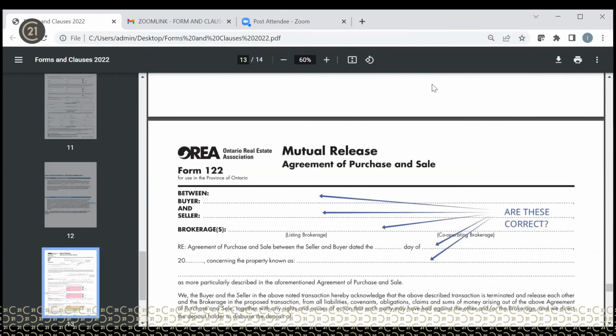Oh, I know what else, mutual releases. That's another item that we typically have issues with when mutual releases are being prepared. And it doesn't matter whether it's by our agents or other agents bringing it to us. Here are things that must be reviewed when you are looking at a mutual release, and you make sure that these items are correct.